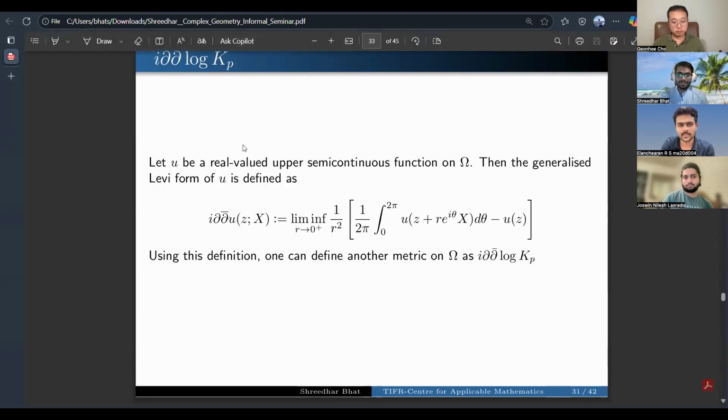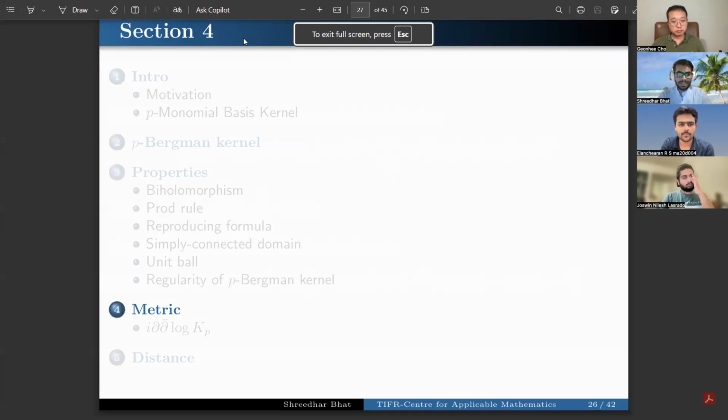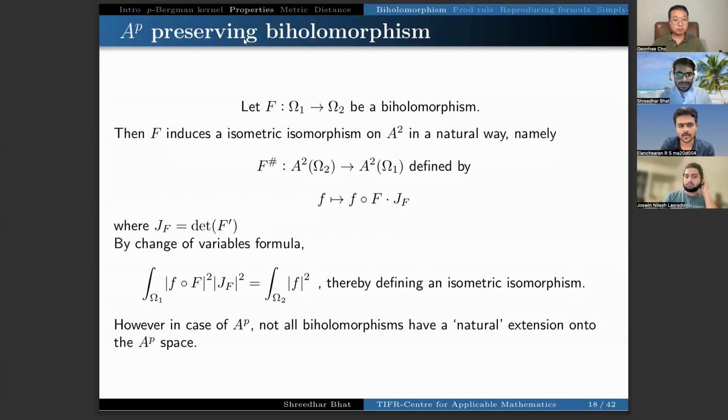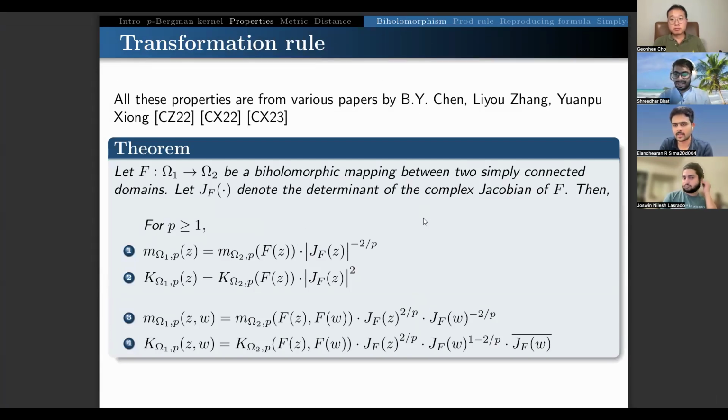We were seeing something very similar earlier, where for the Bergman kernel we have this for Szegő kernels and how these things work.